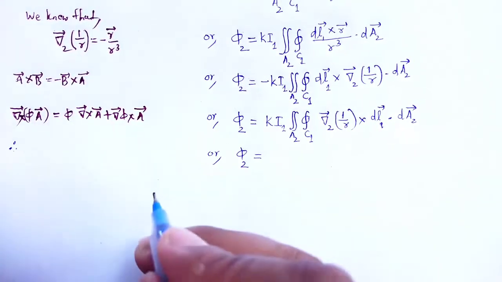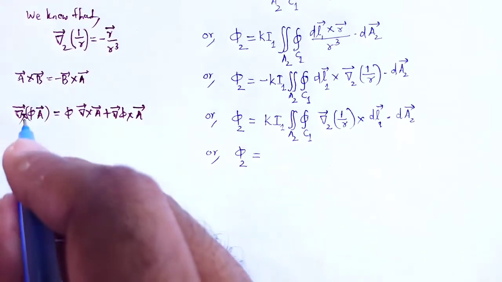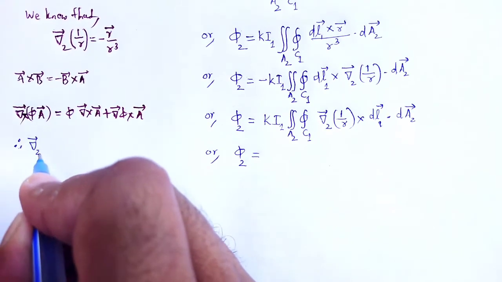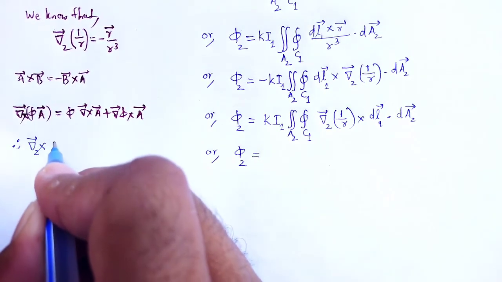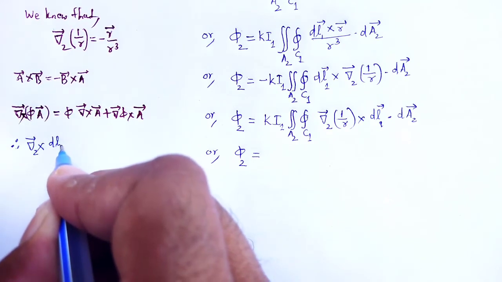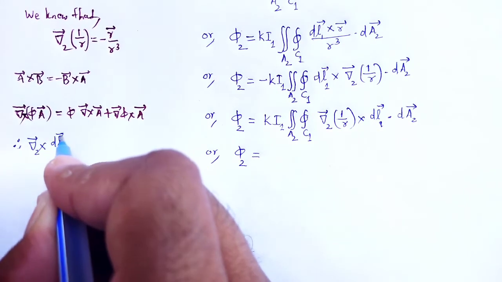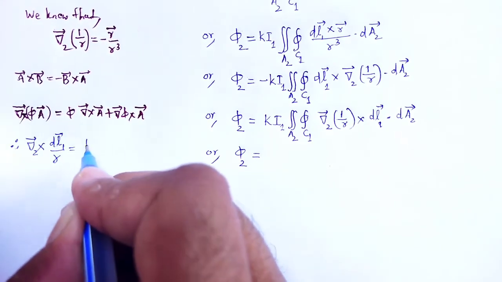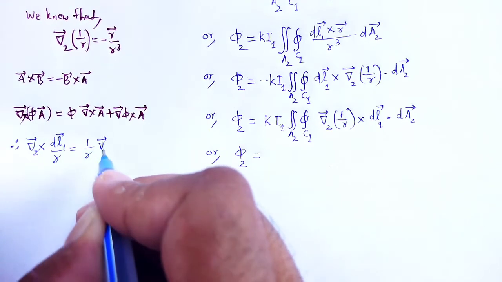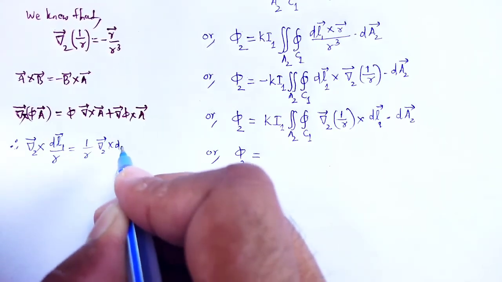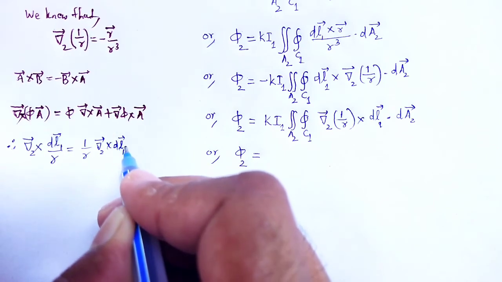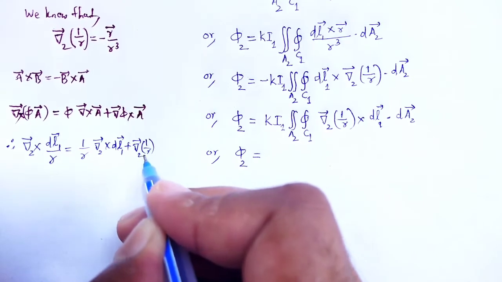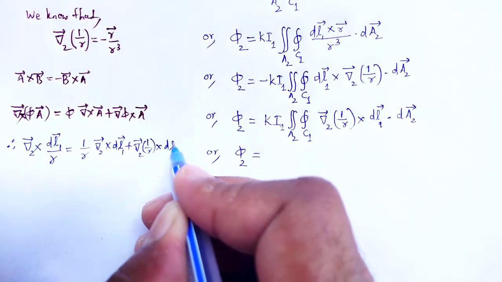Therefore, grad of phi A, so grad 2 cross dl1 by R is equal to 1 by R grad 2 cross dl1 plus grad 2 1 by R cross dl1.